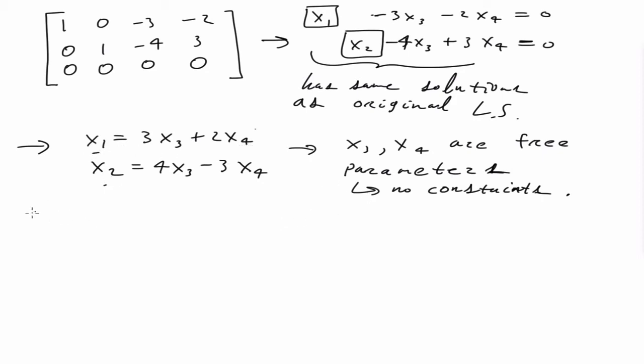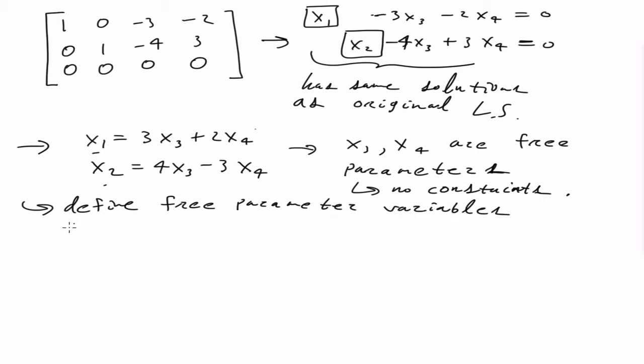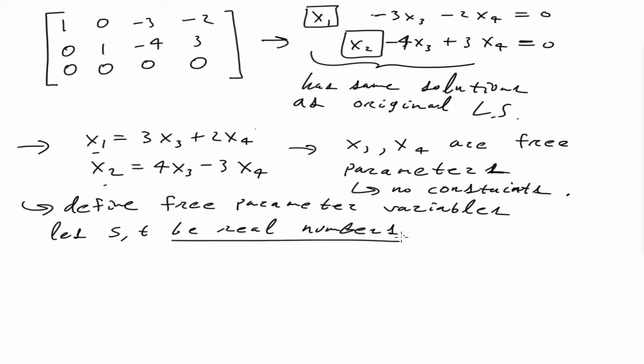And so what we actually like to do is define what we call dummy or free parameters. I'm going to say let s and t be real numbers, and they can be any real numbers.